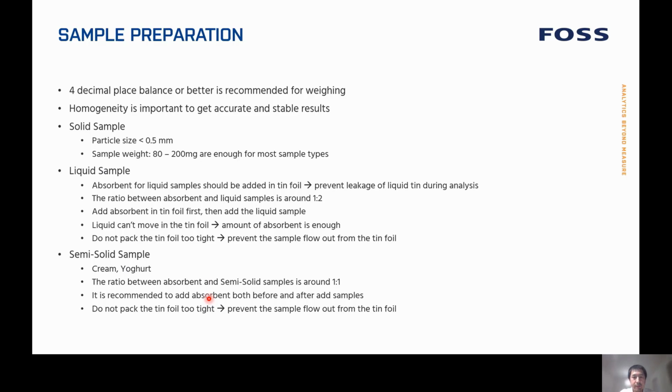So the sample is like a sandwich in between. This can prevent the sample from moving out. And it's the same as before: you should not pack the tin foil too much, otherwise the sample will just flow out from the tin foil.